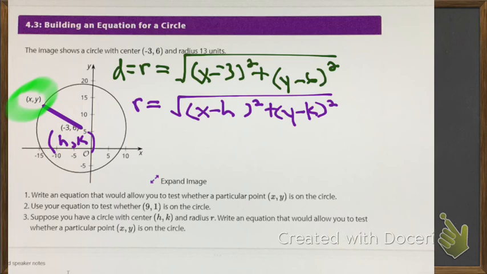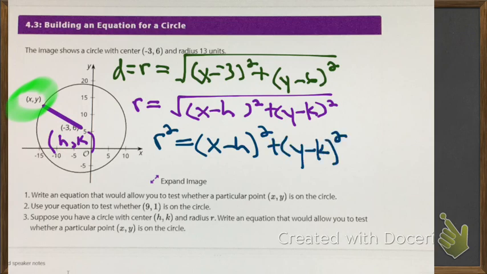And then the last thing we usually do is square both sides. If we square both sides, you get the radius squared equals x minus h squared plus y minus k squared. And that truly is the equation of a circle right there.